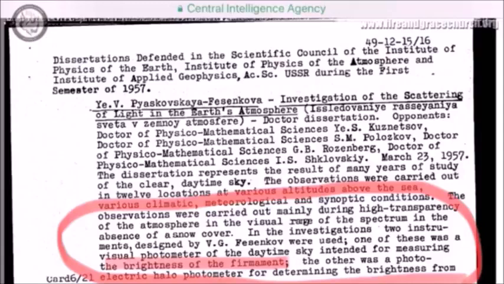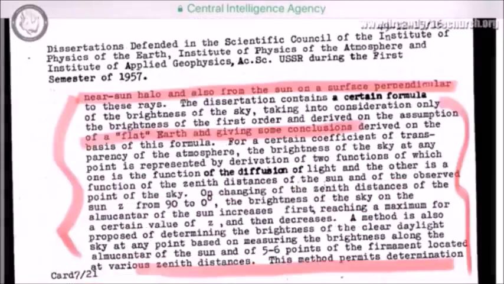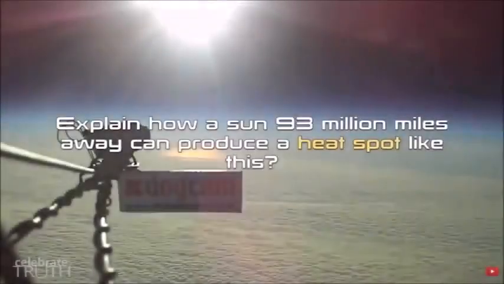But they were wanting to study this, and they said also the other, a photoelectric halo photometer for determining the brightness from near sun halo. Whoa. Pause. Time out. How is something that's supposed to be 93 million miles away, could anything about it be called near?